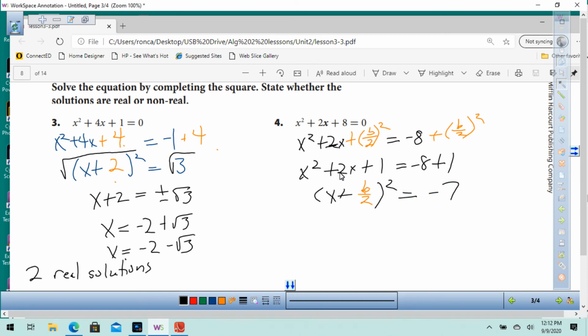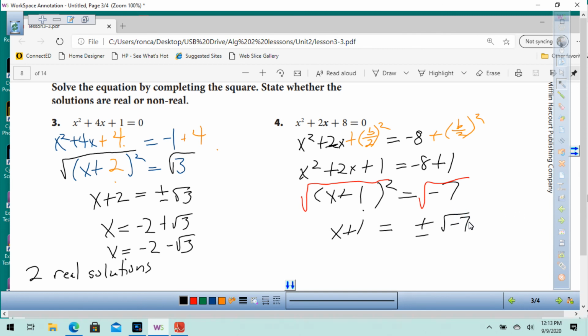Well, b is 2, 2 divided by 2 is 1, so we're going to put a 1 in here. Okay, take the square root of both sides. And we've got x plus 1 equals plus or minus the square root of -7.